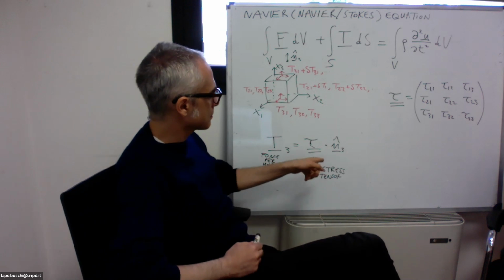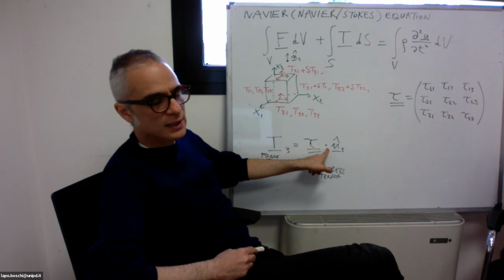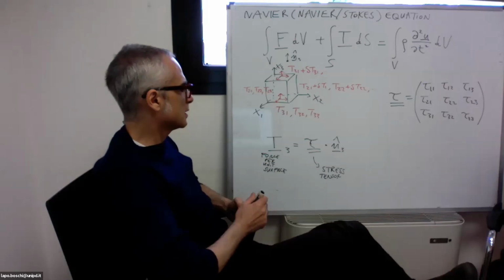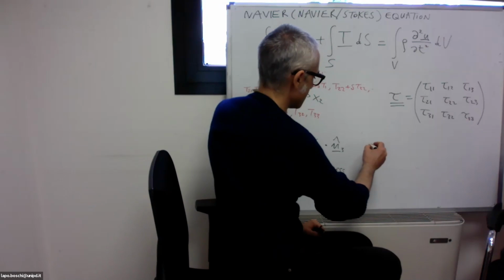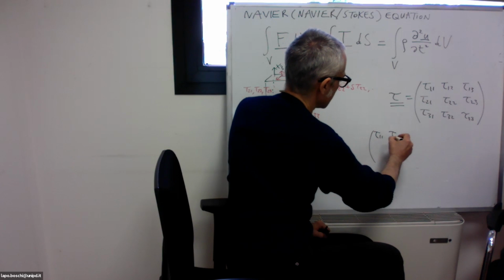Also make sure that you understand what I mean by dot product between a vector and a tensor. If you don't remember it, it's a product that will look like that.